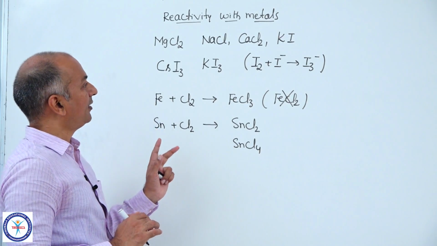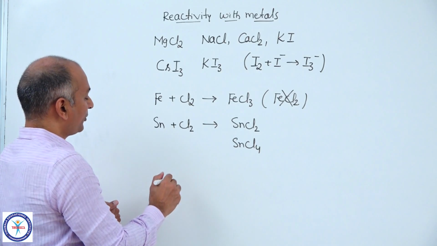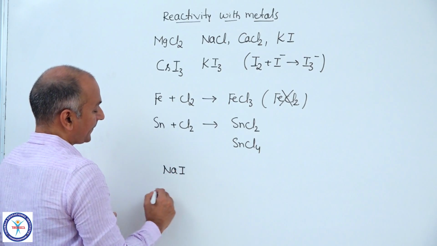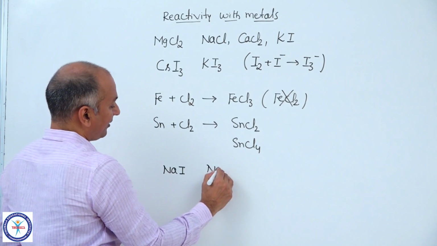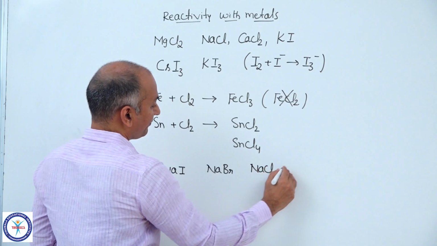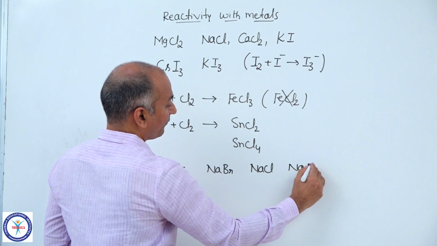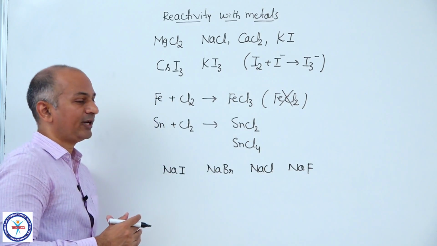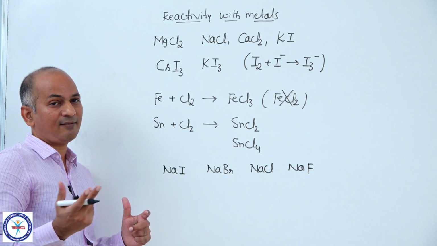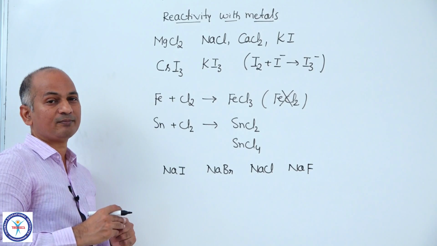And here let me explain 2 points. Suppose if you see NaI, then NaBr, NaCl and NaF, which is most covalent out of these 4 halides? Fajan's rules will help you.